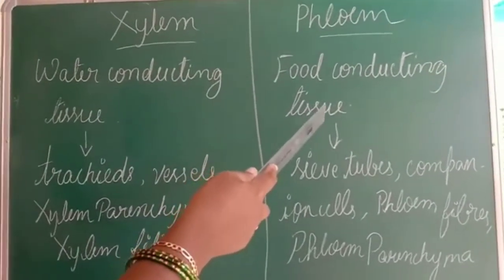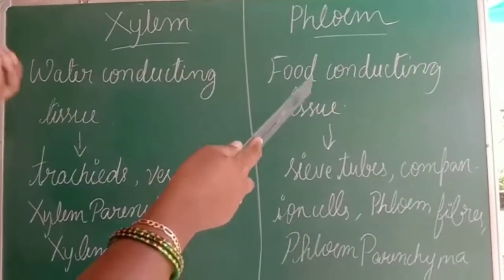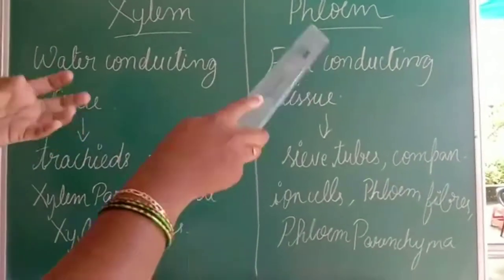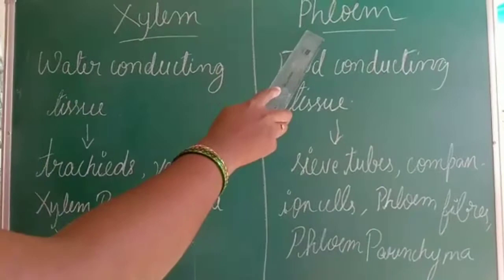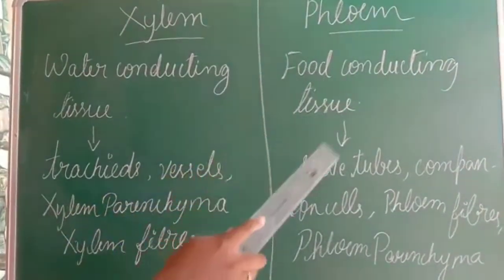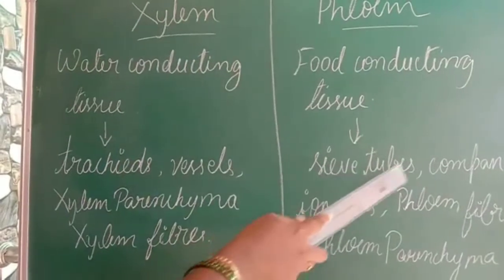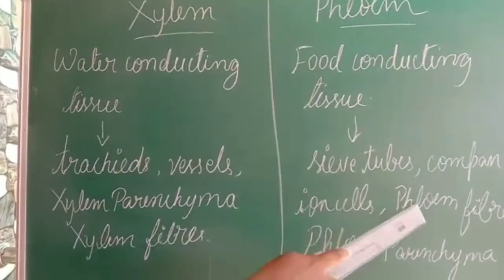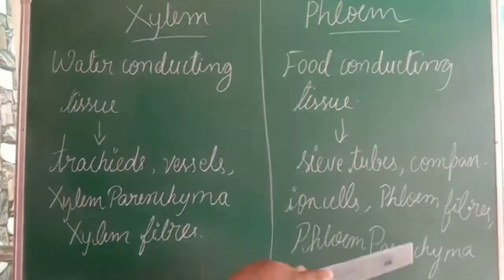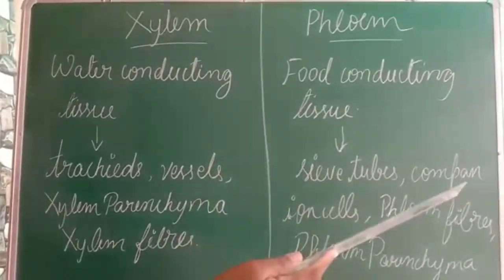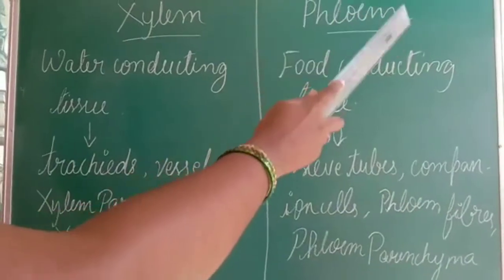Food is prepared in the leaves of the plant, and from the leaf it is transferred to other parts of the body by phloem. The main parts of phloem are sieve tubes, companion cells, phloem fibers and phloem parenchyma.